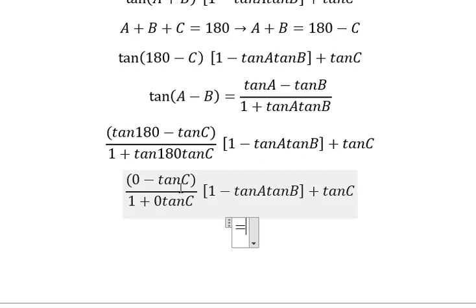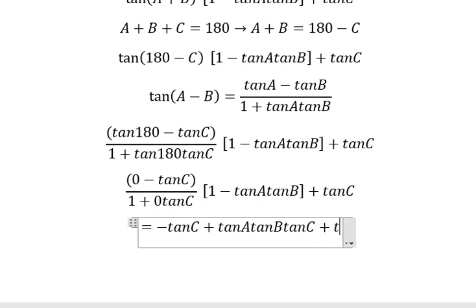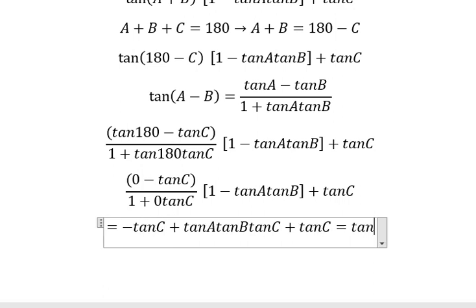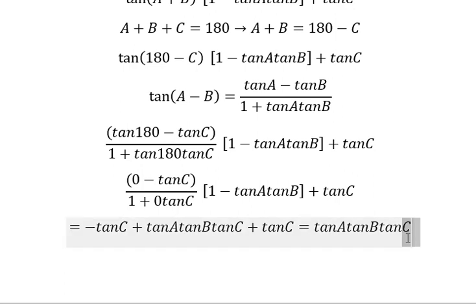So negative tan C with number 1. Negative and negative, we have positive. This one cancels this one. And that is the final answer.